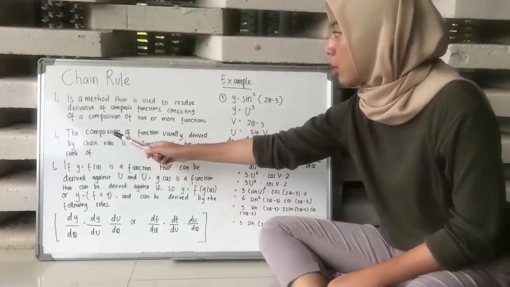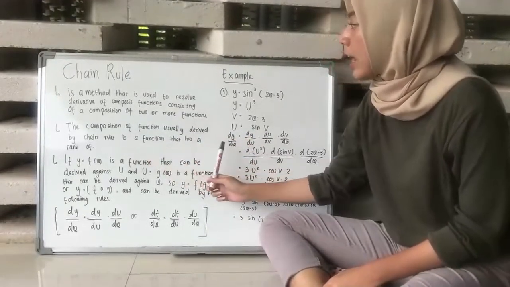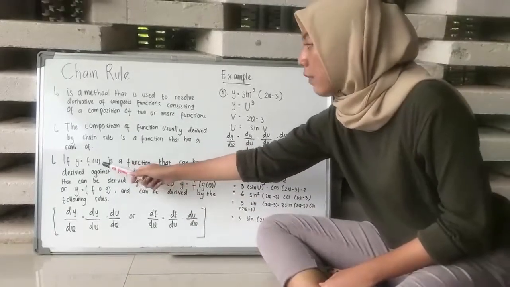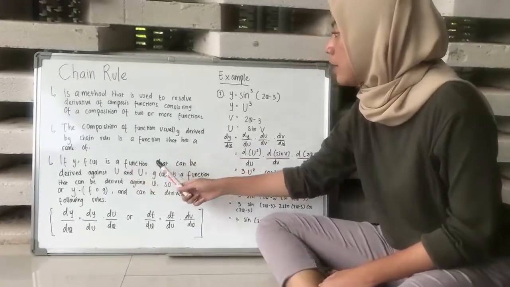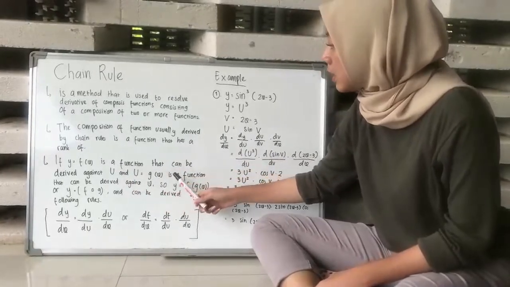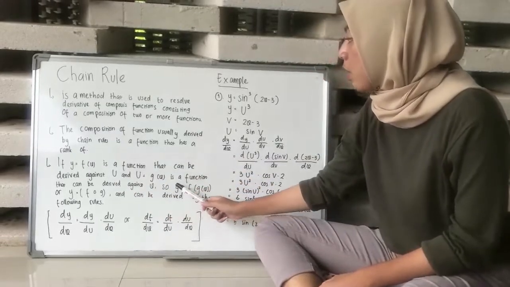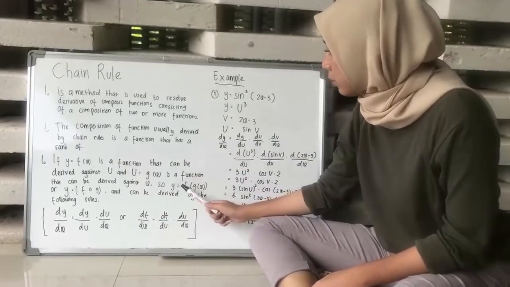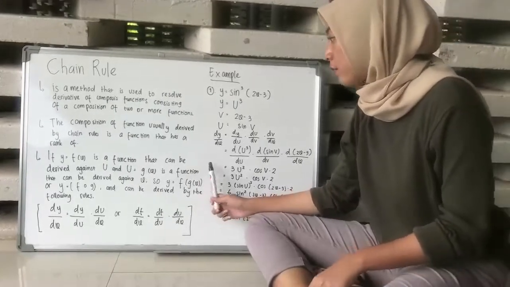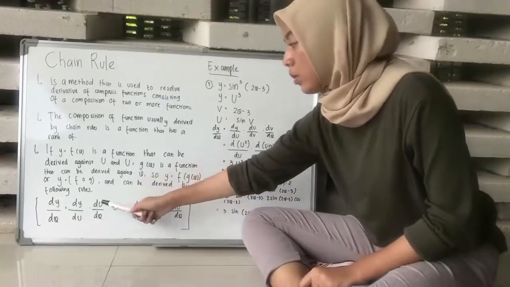If y equals f(u) is a function that can be derived with respect to u, and u equals g(x) is a function that can be derived with respect to x, then y equals f composition g(x) can be derived by the following rules.